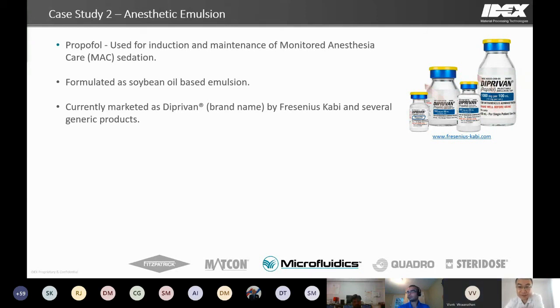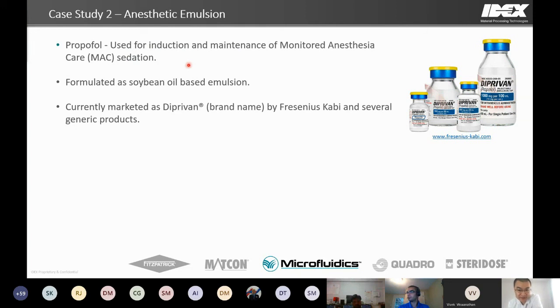All right, so if there are no other questions, let me continue to my second case study. This case is an example of an anesthetic emulsion that encapsulates and delivers propofol. The propofol is used to induce and maintain sedation.